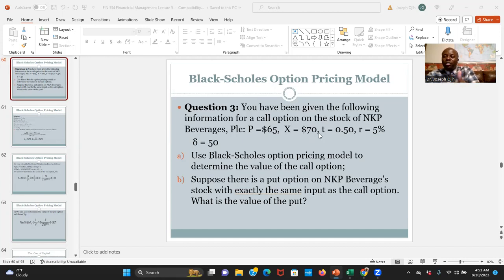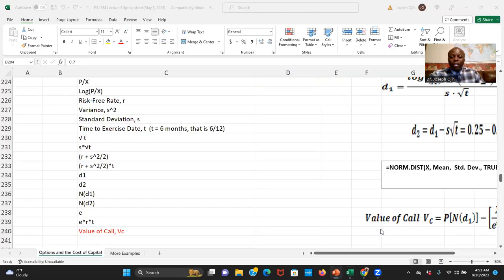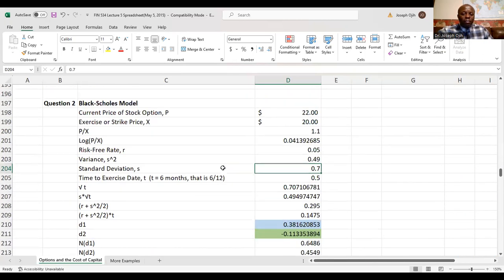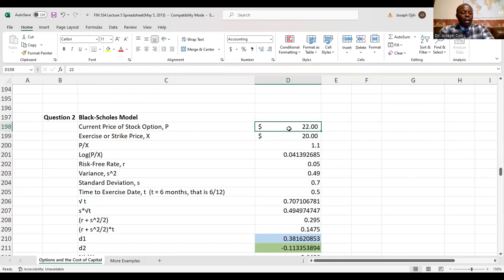As we change it, Excel will calculate it for us. So that makes our life better. You can now see why I love Excel a lot, because it makes our work easy. So let me copy this and then paste it here in the second example.